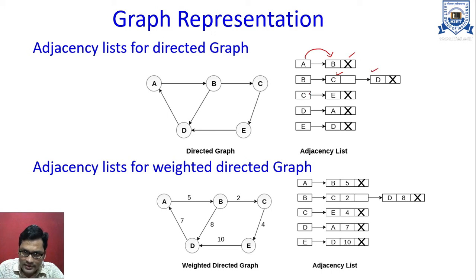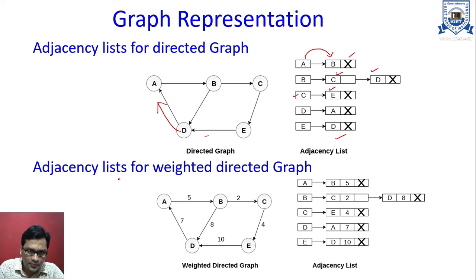For C, C is connected with E only. And vertex D is connected with A only. And E is connected with D only. So this is the linked representation of the directed graph. There is a slight difference between the directed and undirected, right?